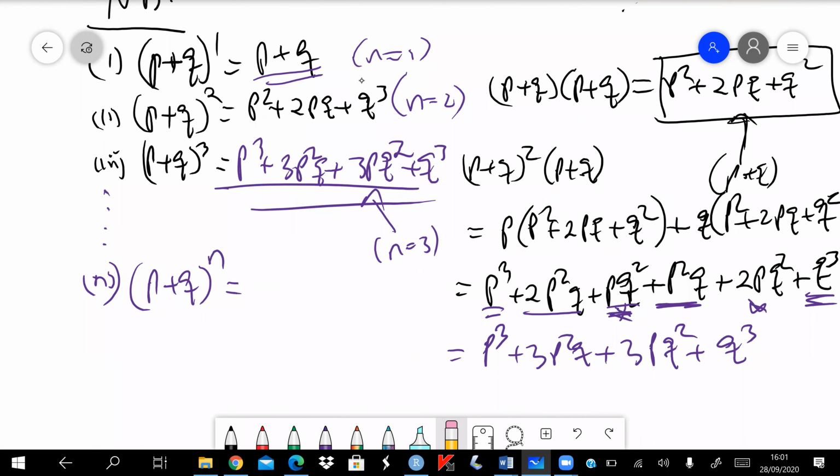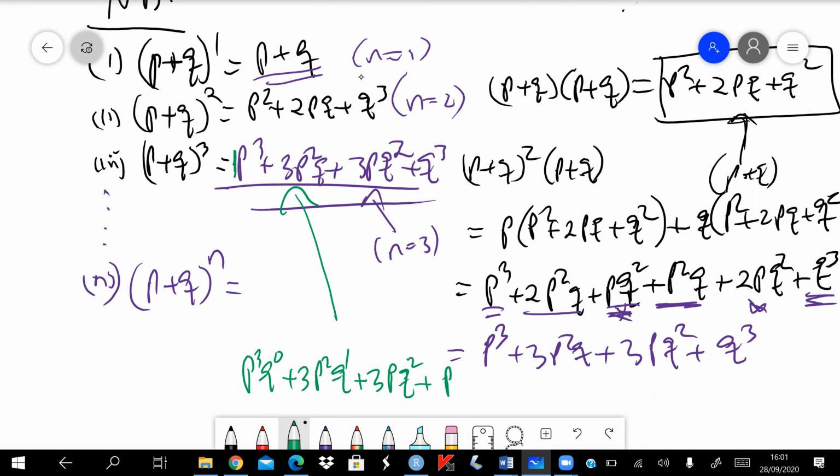You can check this one at home, but you will notice that as you continue expanding, if you note the coefficients of these values, this is 1. Let me shed some light here. I can write this as p cubed q power 0, plus 3p squared q power 1, plus 3p q power 2, plus p power 0 q cubed.